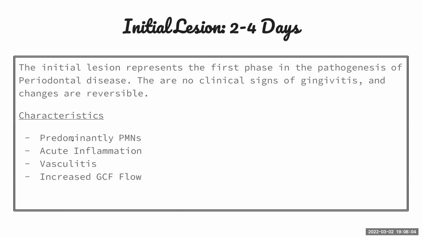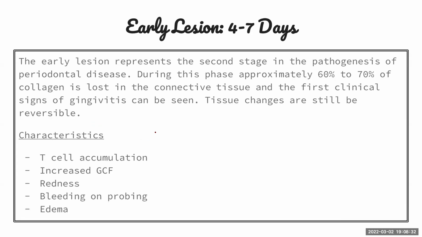So the initial lesion represents the first phase of the pathogenesis of periodontal disease, and it's subclinical. It's reversible. It's predominantly PMNs, your first line of defense. It's acute inflammation. You've got vasculitis. Things are swollen, to increase the amount of fluid coming through the connective tissue. So you've got also an increase in gingival crevicular fluid.